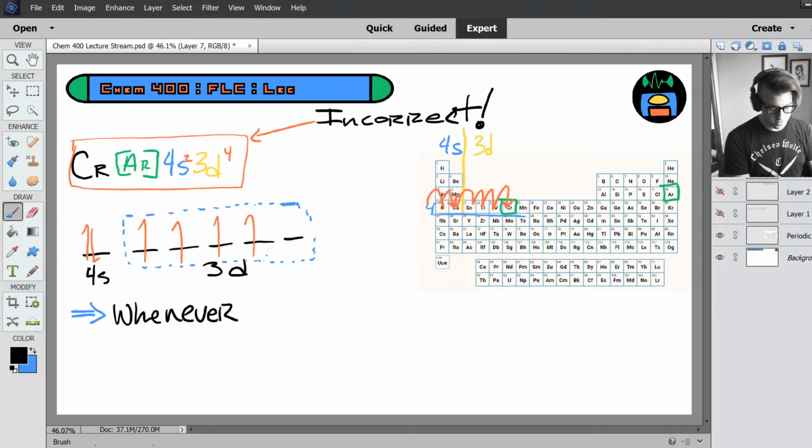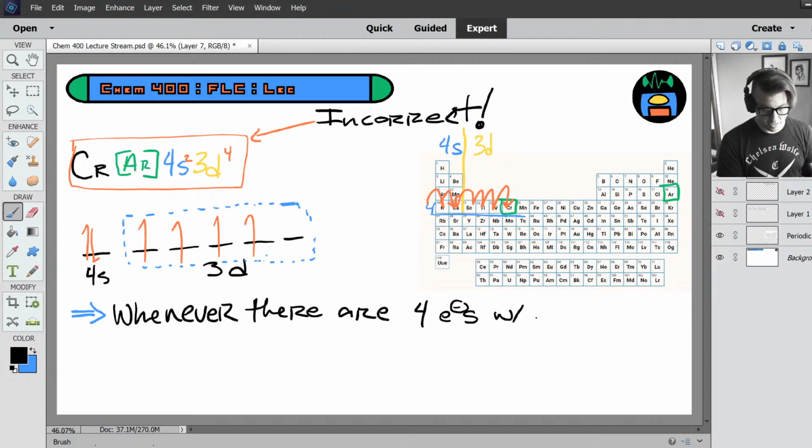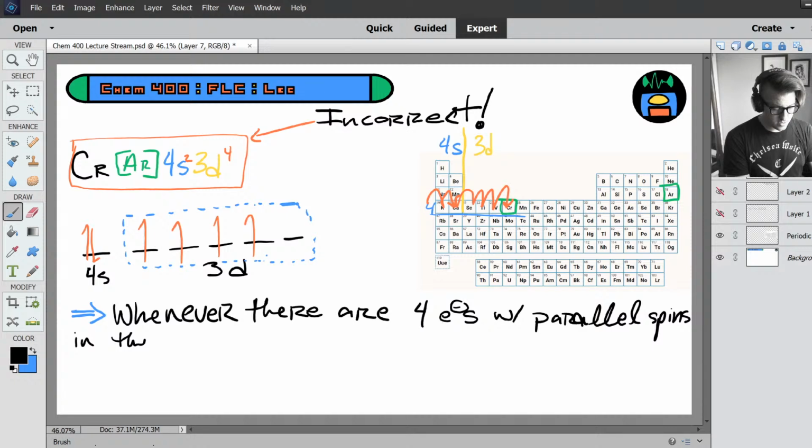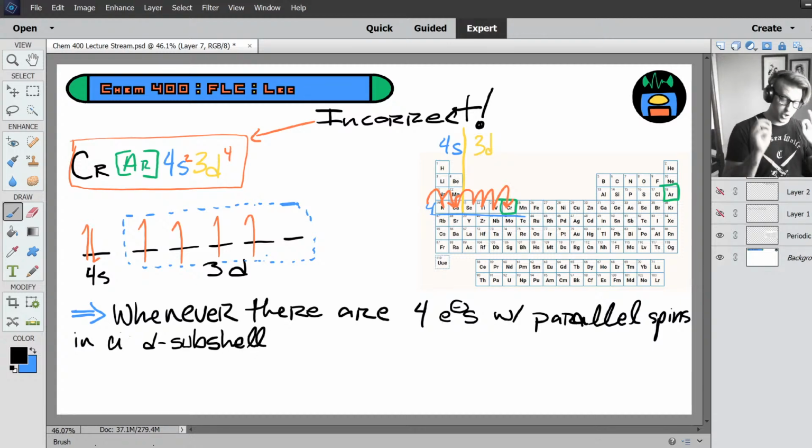Whenever there are 4 electrons with parallel spins in a D subshell, and that's important, this does not happen for P subshells, it does not happen for F subshells. This is unique to the D subshell.